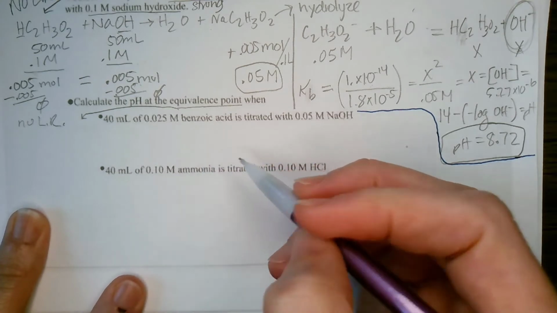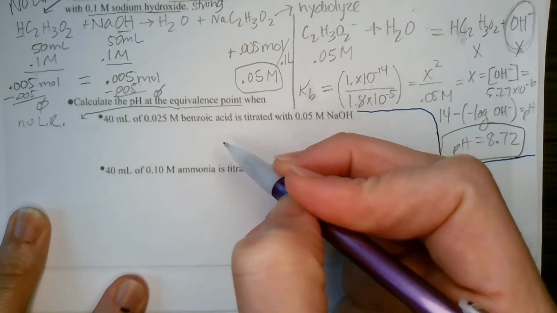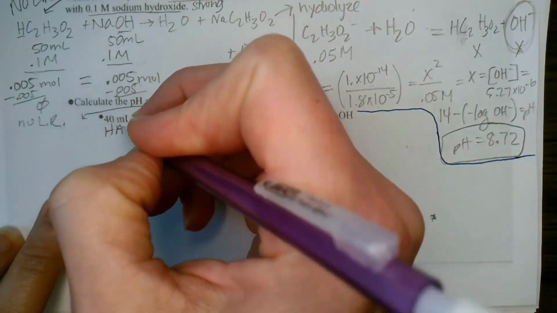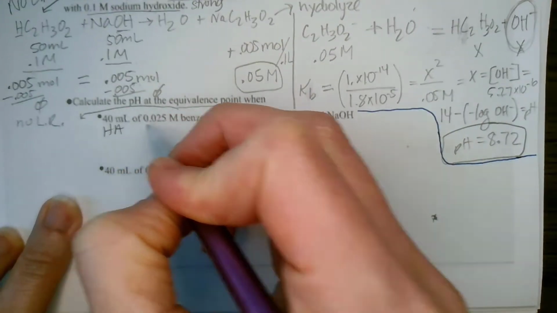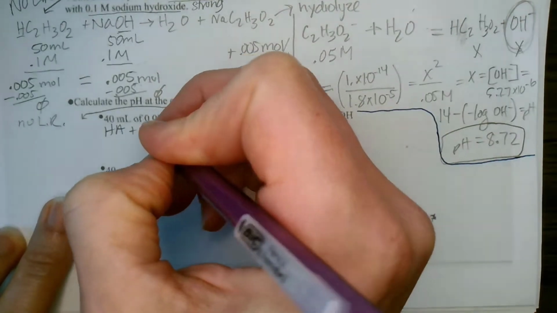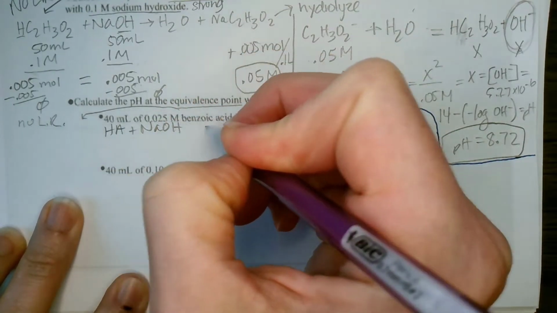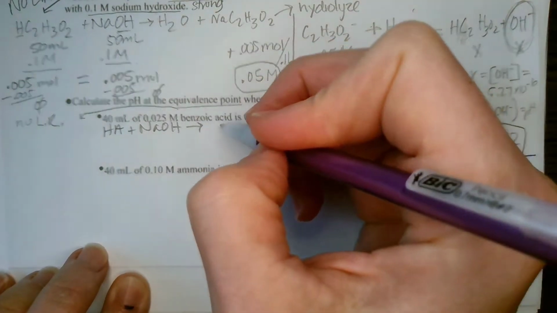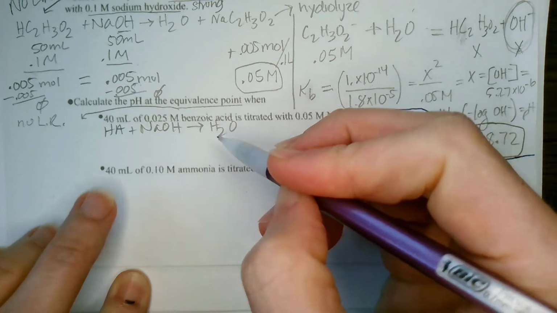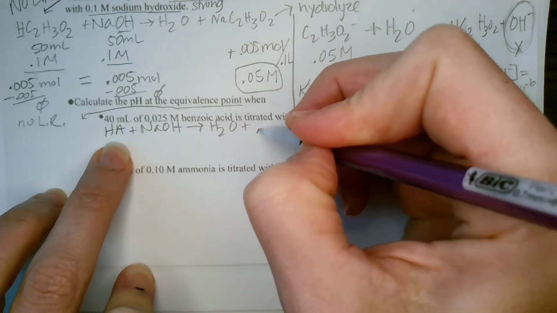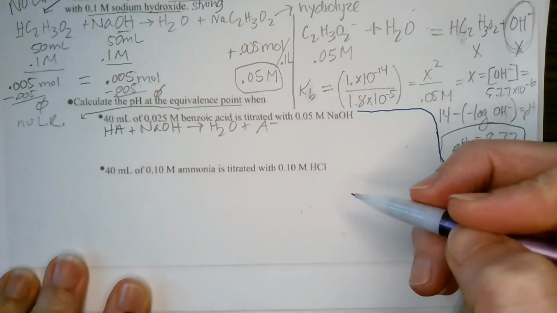We have benzoic acid, and similar to what we did above, I'm just going to write HA, signifying my acid. It's titrated with NaOH. And so we know my products are going to be water and the conjugate base of the acid. We're just going to say A minus.